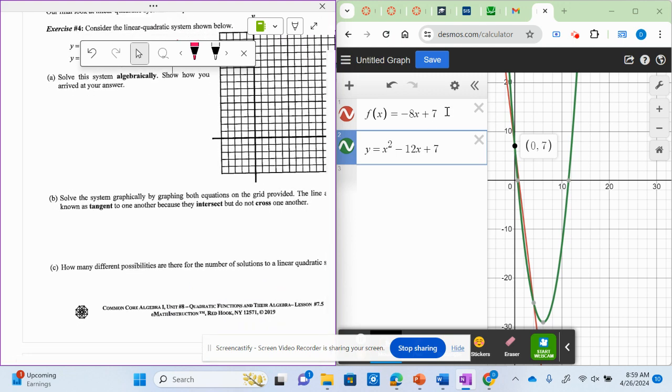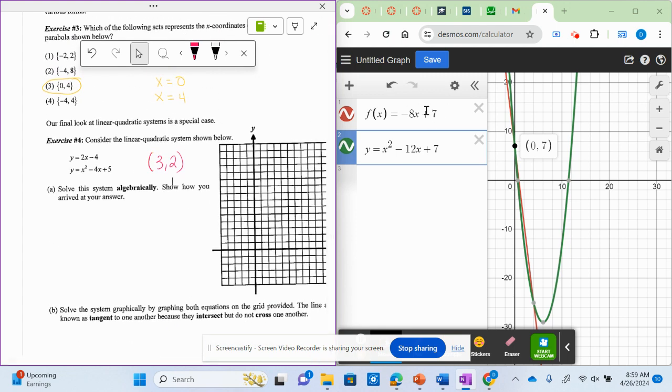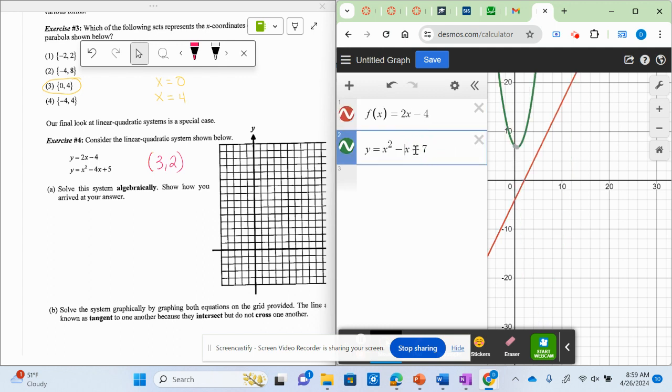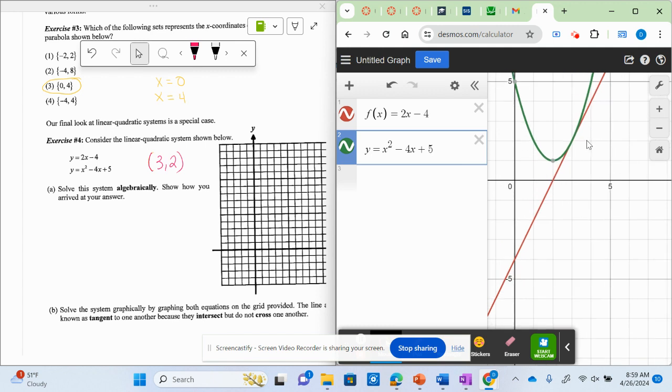So I'll graph it so you can see it, but you guys don't have to take your time to graph it. So 2x minus 4 and x squared minus 4x plus 5. Do you see how the graph just touches the line right here at this point?